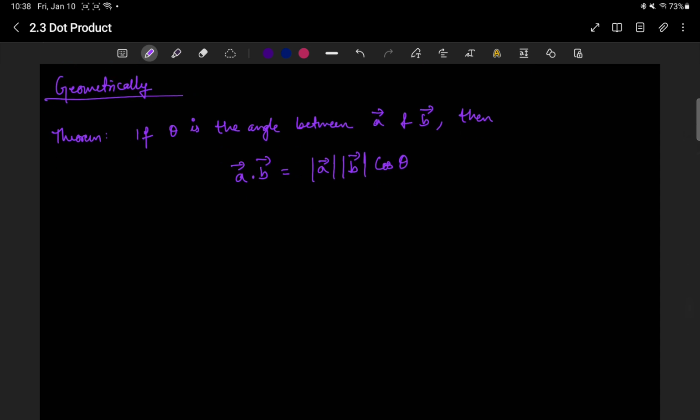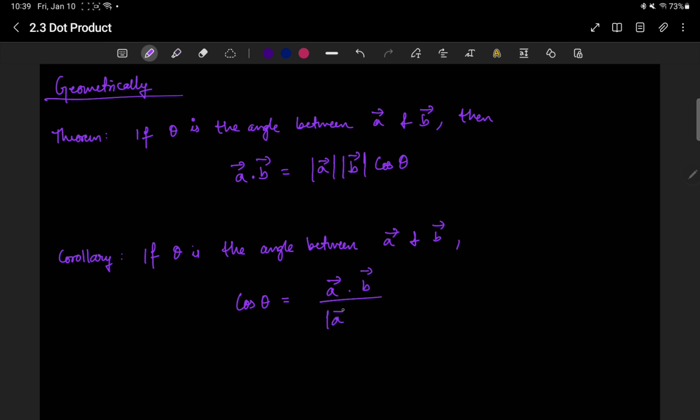Okay, and as a result of this, we also have a corollary, which is if theta is the angle between two vectors A and B, we can find theta, because cosine theta from the equation above is going to be their dot product divided by the magnitudes.